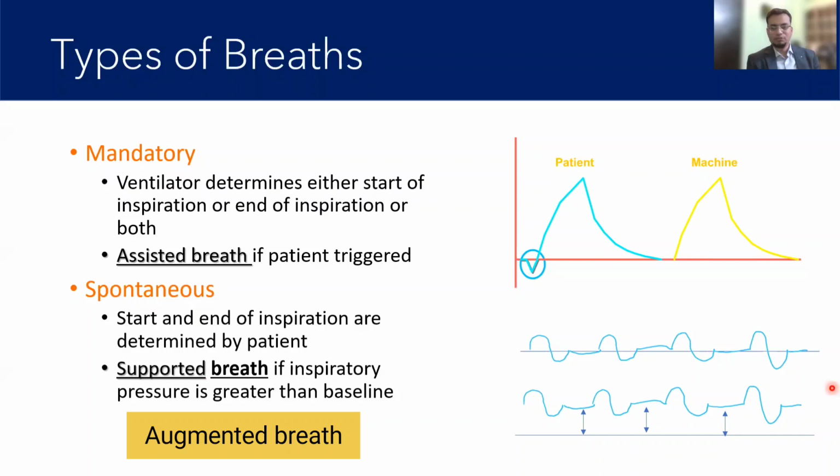So usually the spontaneous breath can be supported if pressure is provided to augment the tidal volume. So if you don't support the breath, the tidal volume will not be achieved as desired. So these points will be more clear to you in the next slides.